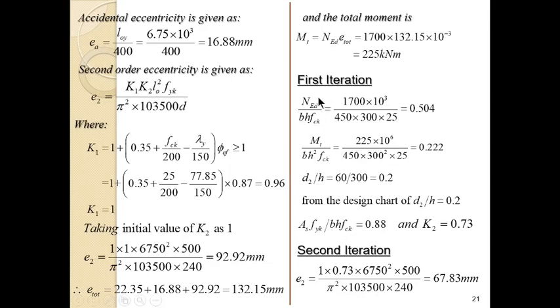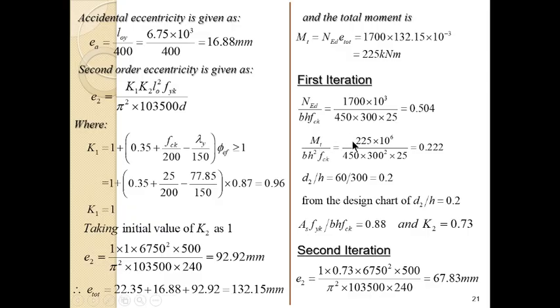In the first iteration, NED all over BHFCK, the design load all over B, H is 450, 300, FCK is 225. So that gives us 0.504, which you can just take as 0.5. The next one, we calculate the component on the horizontal axis, which is M all over BH squared FCK.